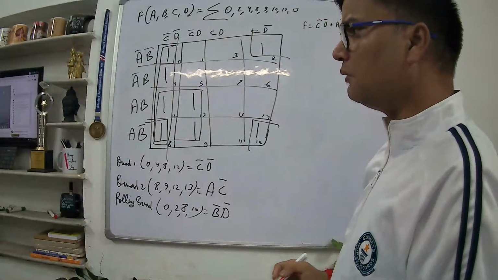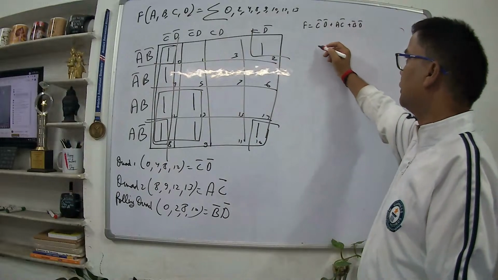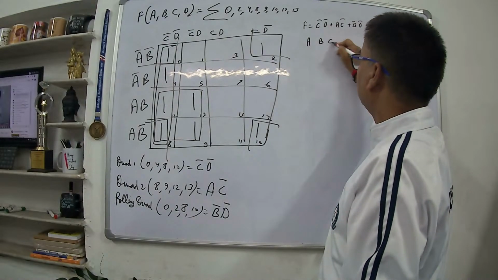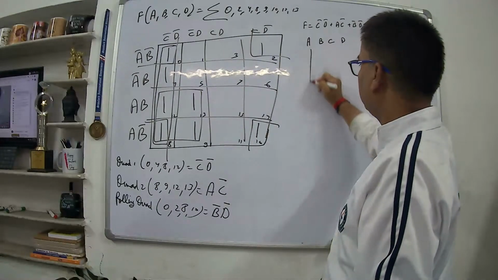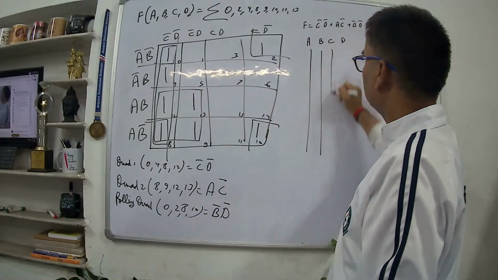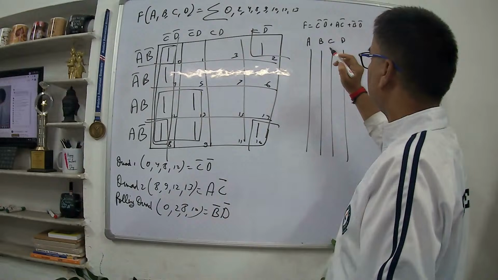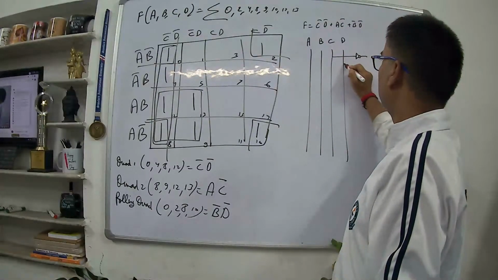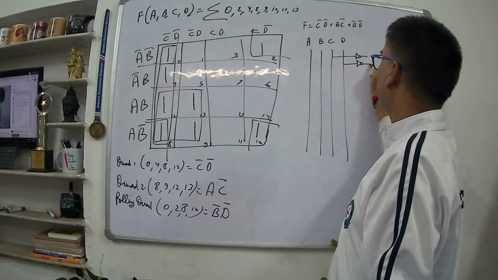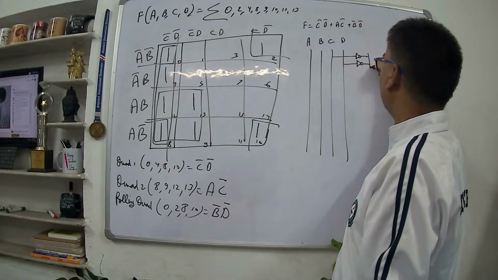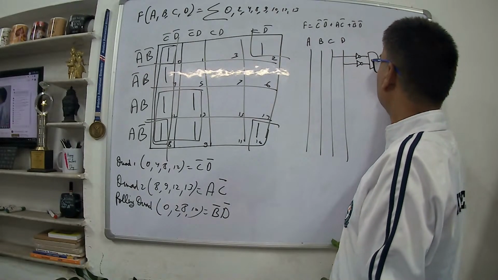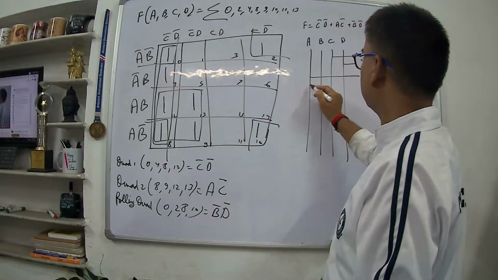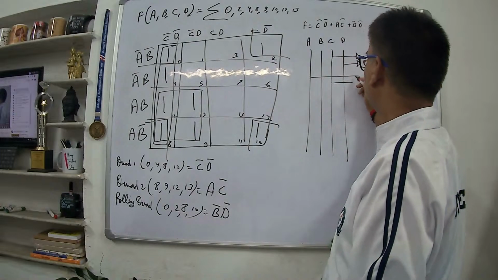Okay? Now if I have to draw the logic circuit, A, B, C, D, you take like this. C bar D bar, we'll use an AND gate. A C bar, this is A, this is C bar.